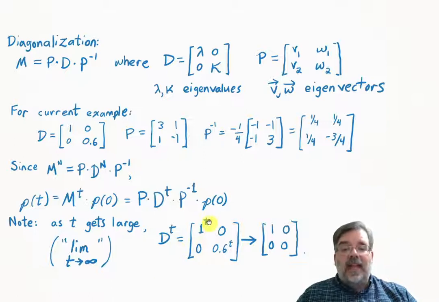But we can say as t gets very large, what happens to the size of each of these values? No matter how large t gets, when you keep multiplying 1 by itself, that's 1. And meanwhile, this number, 0.6 to the tth power, if there's a number between 0 and 1 that you're raising to a high power, so some small fraction less than 1, that number actually gets smaller and smaller as you raise it to a higher and higher power.